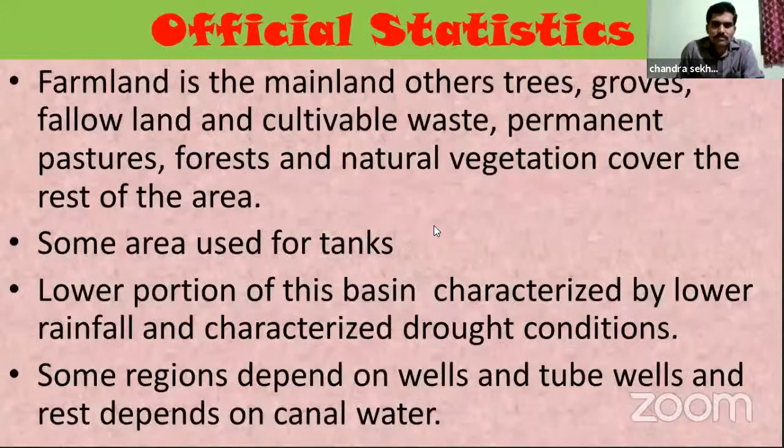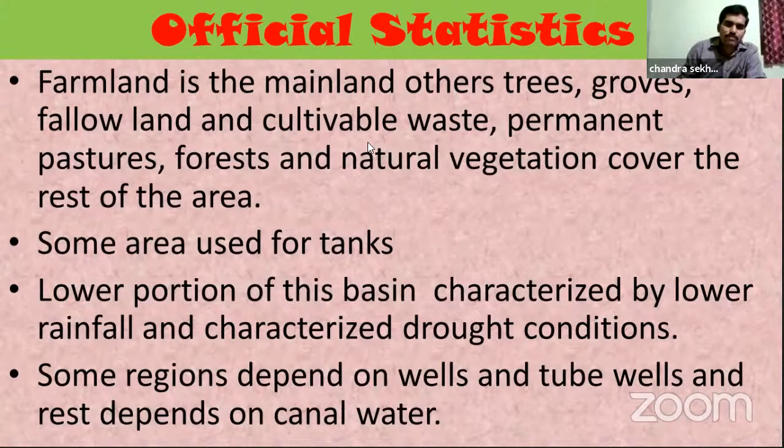Okay, now the official statistics about the Tungabhadra river basin. Farmland is the main land use. Others, such as trees, groves, fallow land, cultivable waste, permanent patches, forests and natural vegetation, cover the rest of the area.